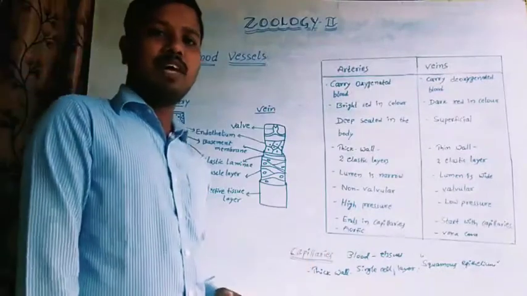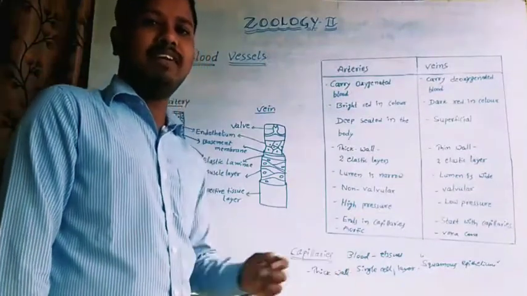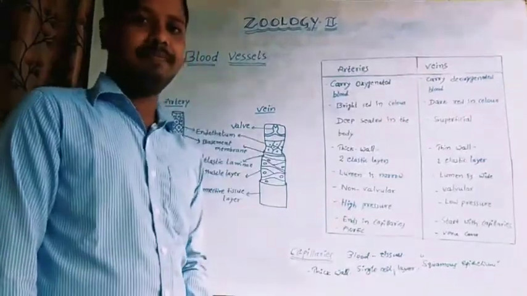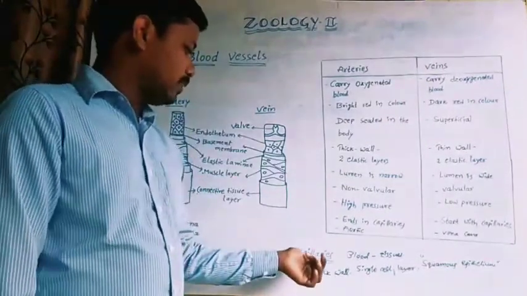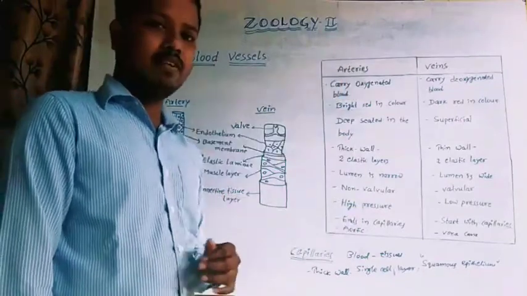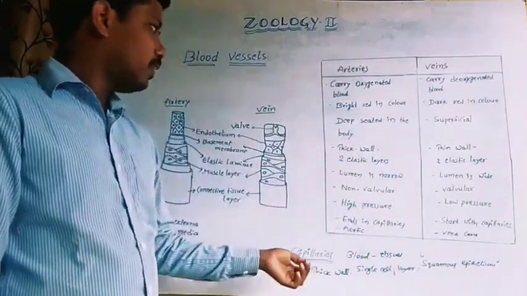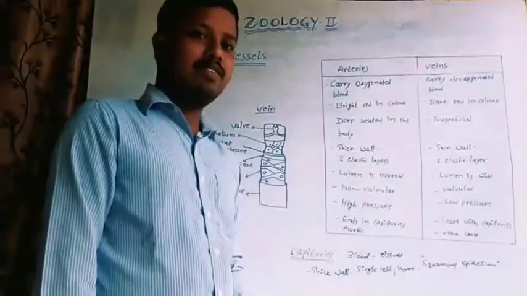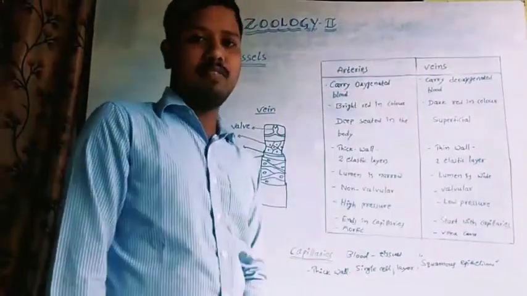Capillaries are microscopic blood vessels which connect with arteries and veins. Capillaries join the arteries through the arterioles, and capillaries join the veins with venules.